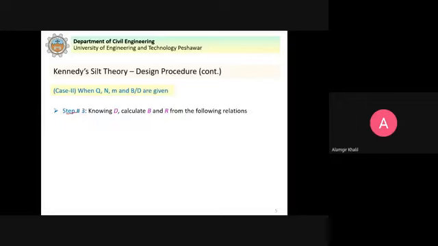Step number 3: now we have calculated the depth of water, so we can calculate the bottom width of the channel. Because this B by D ratio is given and depth is known, we can easily calculate this B. And when the depth of water and the bottom width of the channel are known, we can calculate the hydraulic radius.